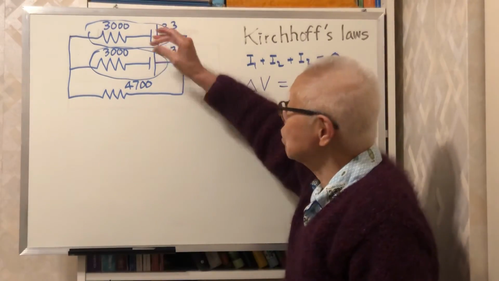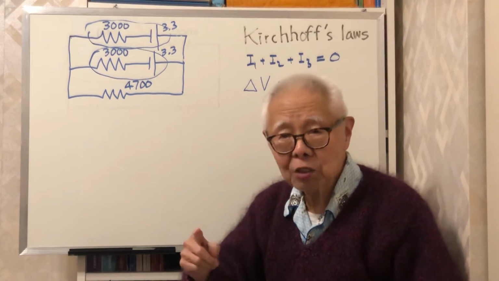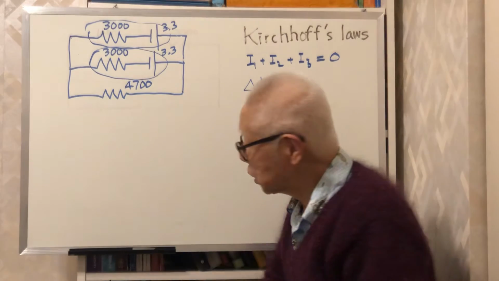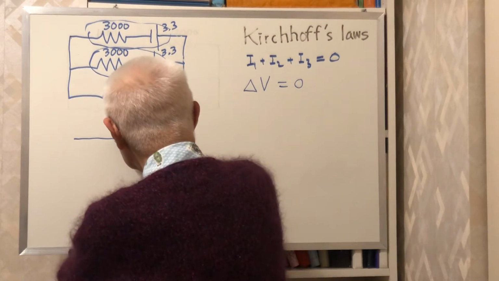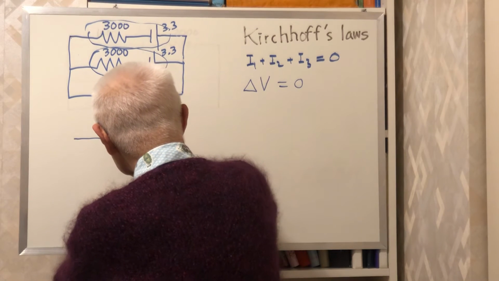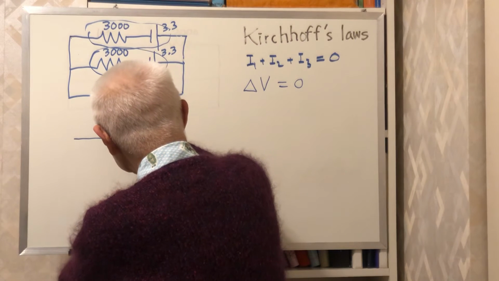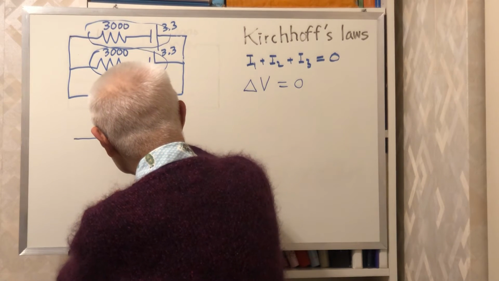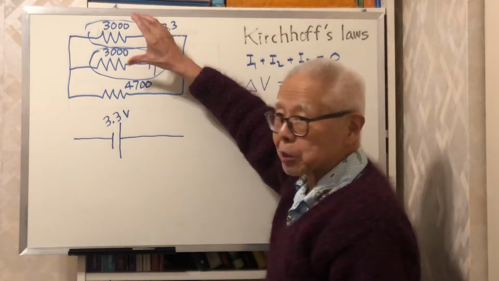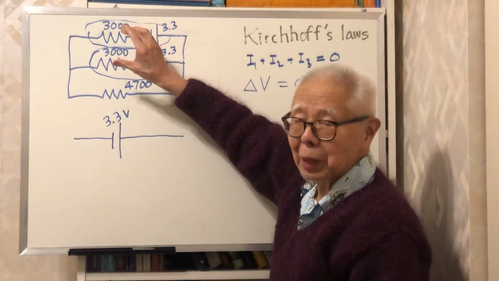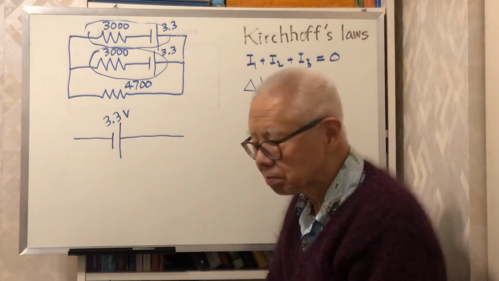So these two batteries connected in parallel is equivalent to one single battery, still 3.3 volts. These two batteries combined in parallel is equivalent to a single battery of 3.3 volt.